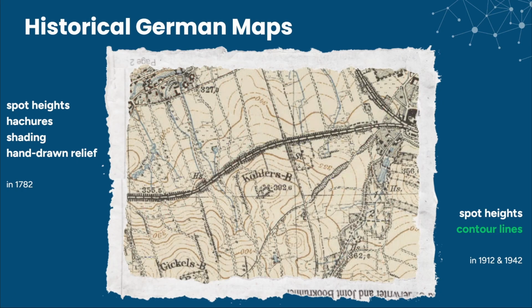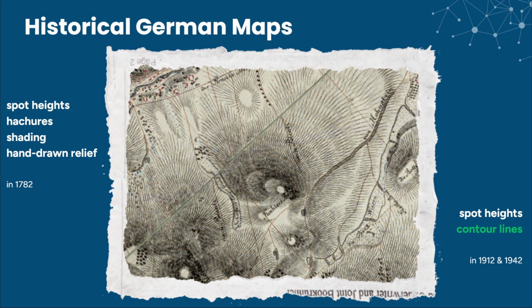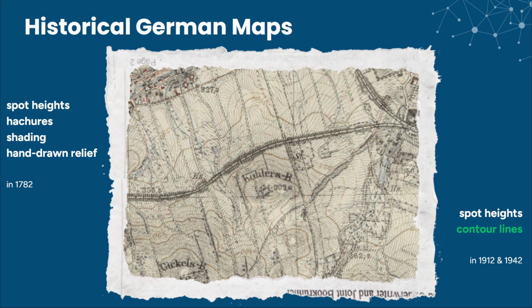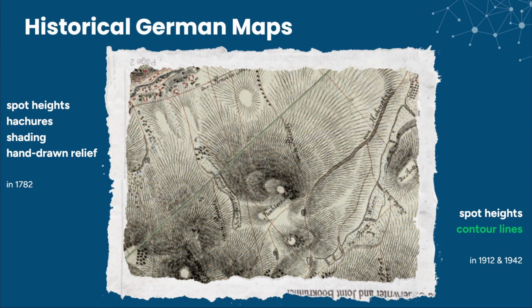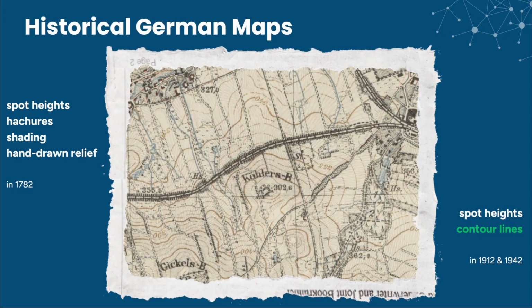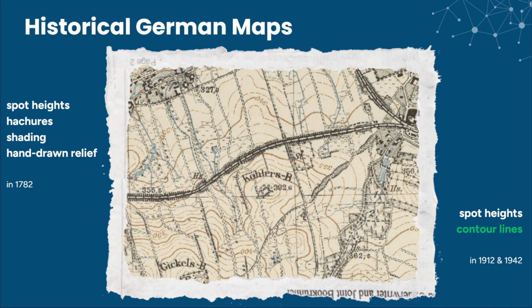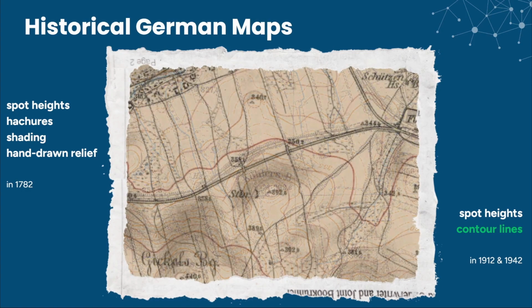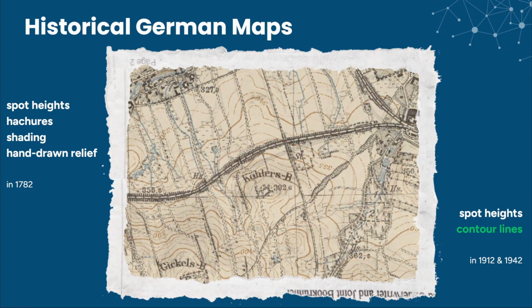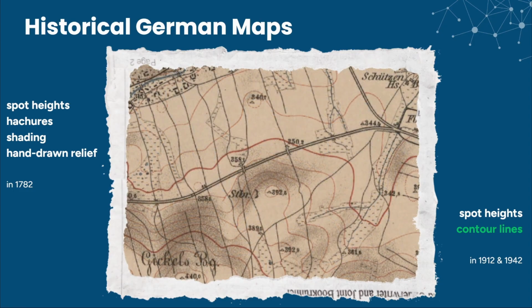Elevation had to be collected manually in the field, transferred onto maps, and then interpreted between measured locations. Older maps often represented terrain with spot heights, hachures, shading, or hand-drawn relief. These methods could be visually impressive, but they often depended heavily on interpretation and were not always easy to read in a precise and measurable way.